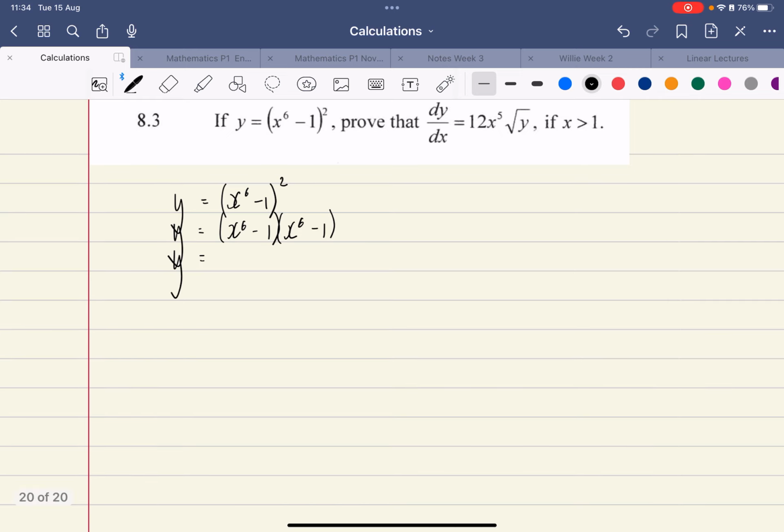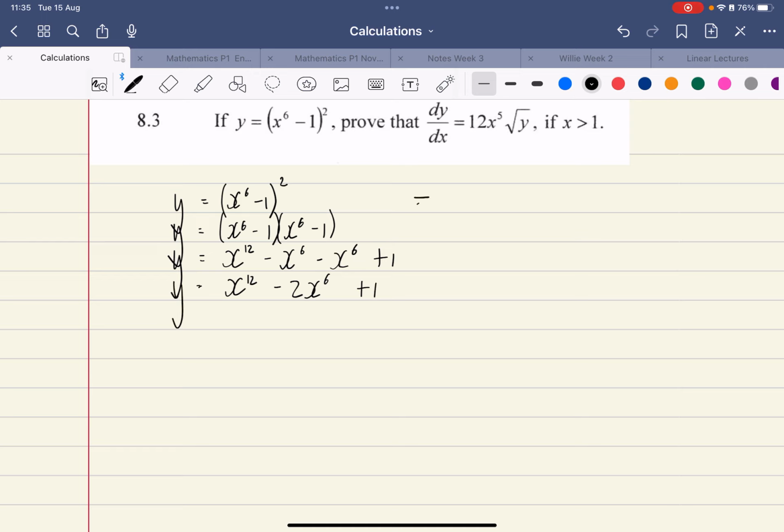X to the power of 6 times x to the power of 6, we've got the same base, so we can add the exponents. So that will be x to the power of 12 minus x to the power of 6 minus x to the power of 6 plus 1. Simplify: x to the power of 12 minus 2x to the power of 6 plus 1.